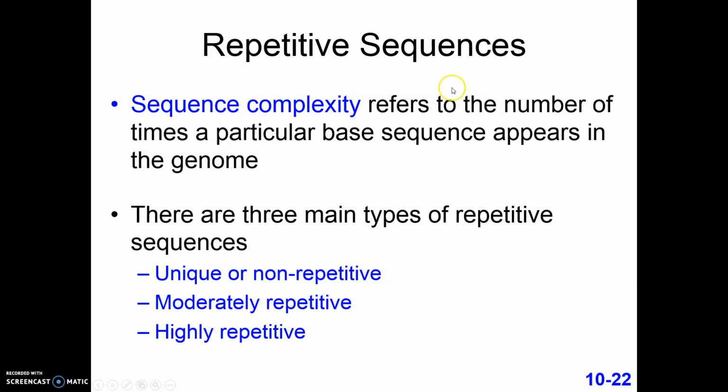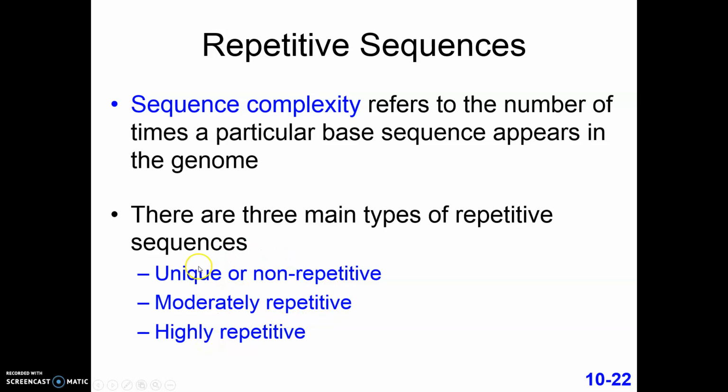So there are certain sequences that show up more often than others. And this can be on a spectrum of unique or non-repetitive, those that are moderately repetitive, and then those that repeat over and over and over again, like saying "the" over and over again.